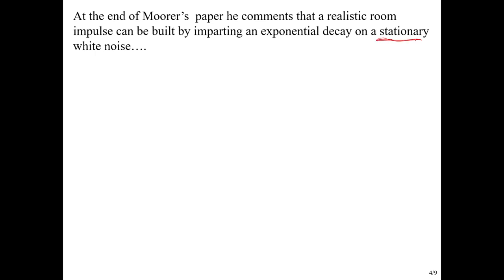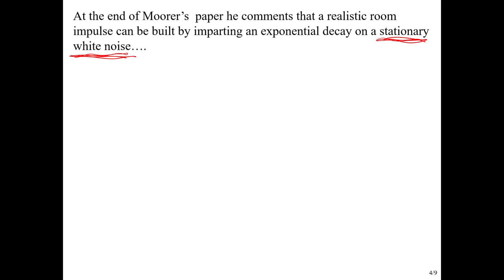Now, that's some terminology coming out of probability theory, so let's not worry about it too much. It's kind of what you think about when you think about an actual random noise. So you start with a random noise signal and you put an exponential decay on it. And he said that would actually, if you did that, give a pretty good impulse response for a realistic room.